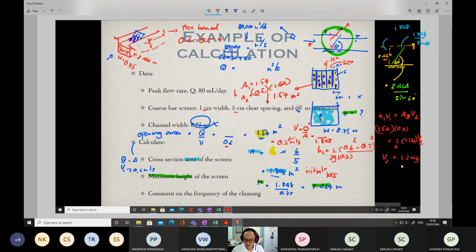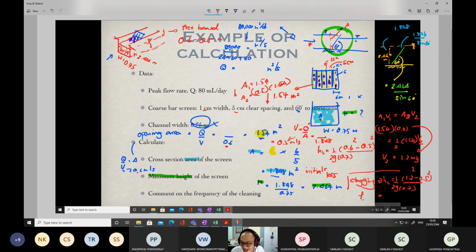And then once the screen gets clogged, what will happen is the loss will be equal to the same amount, but the only thing is the approach velocity is increased from 0.6 to 1.2, minus the velocity before entering the screen, which is the same because this area never gets clogged. 1.2 minus 0.5 squared.